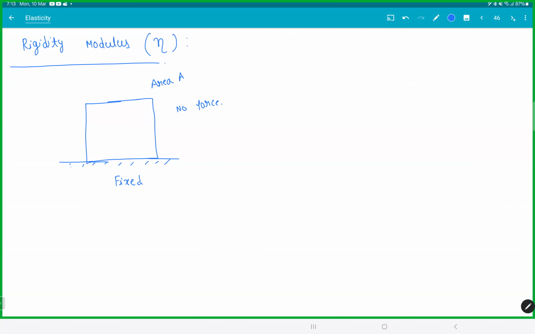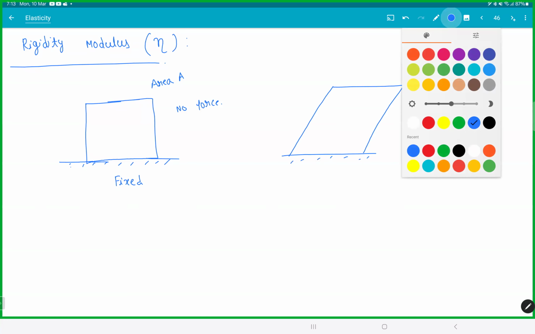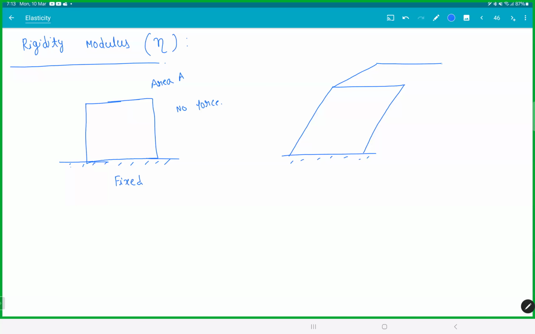But now if you apply force on this, I'm exaggerating the figure, whereas in reality, this thing won't be so much. So if you apply a force F, the material will actually slightly deviate here. This will be your delta x, this will be t, and this will be theta.